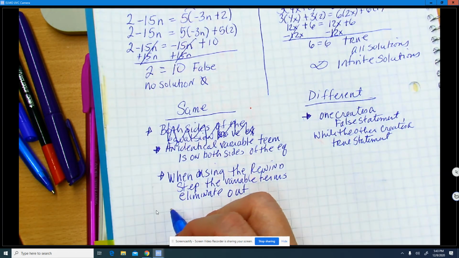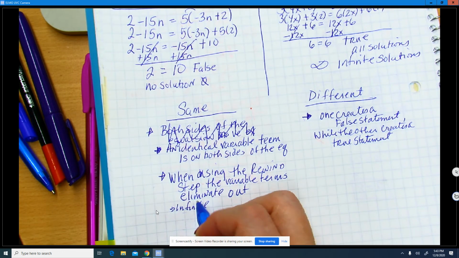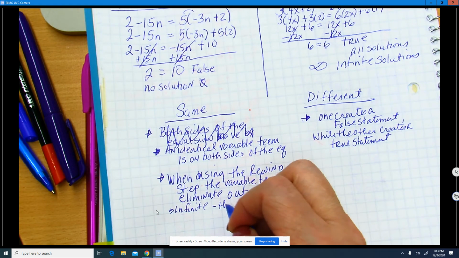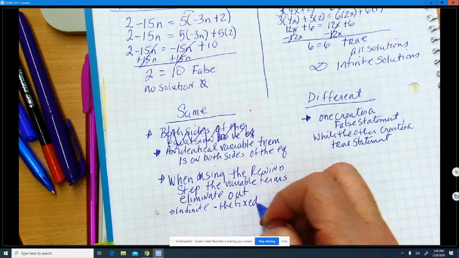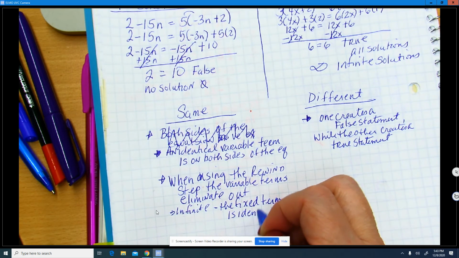Things that are the same for infinite: the fixed term is identical on both sides after you simplify.